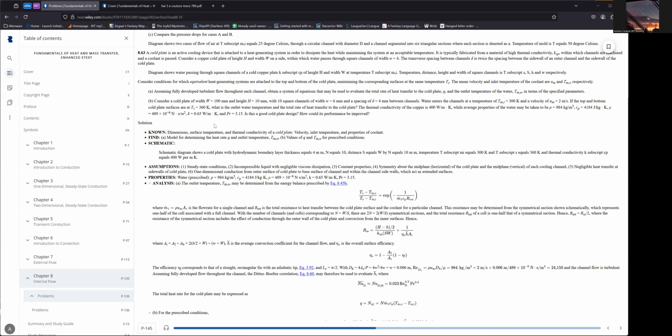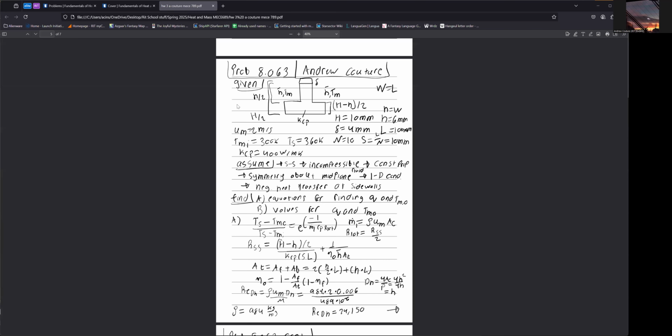Specifically, you have the capital H's and W's, which are the measurements for the chip as a whole, which has multiple channels through it. Lowercase letters for H and W are for the dimensions of the actual channels and the fins within the channels themselves.